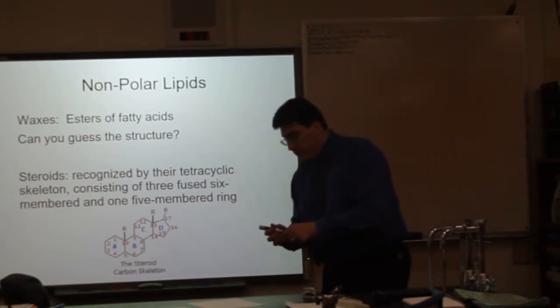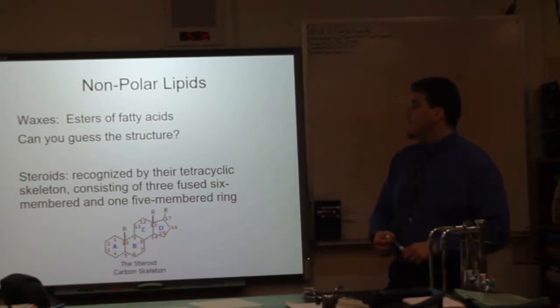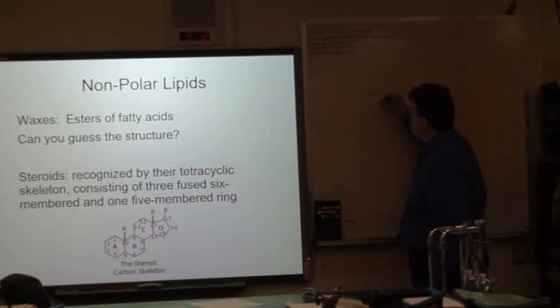steroids can be recognized by their tetracyclic skeleton, which means 4-ring skeleton. They are consisting of 3 fused 6-membered rings and 1 5-membered ring.